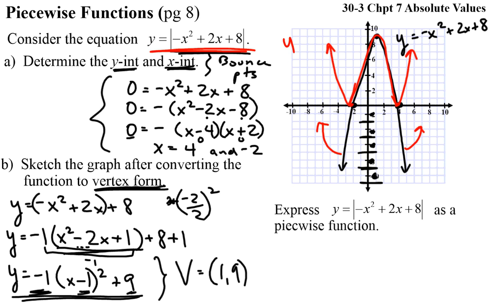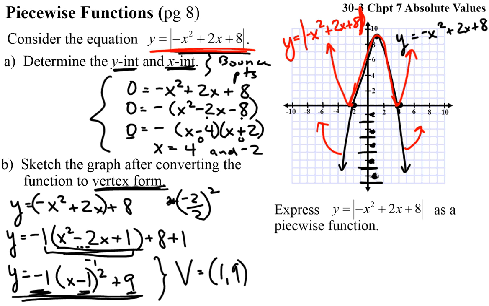So here's y equal to the absolute value of negative x squared plus 2x plus 8. A regular quadratic becomes an absolute by taking the y values that are negative and reflecting them to be positive.